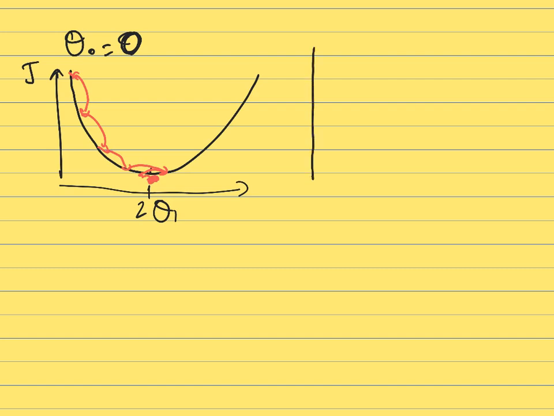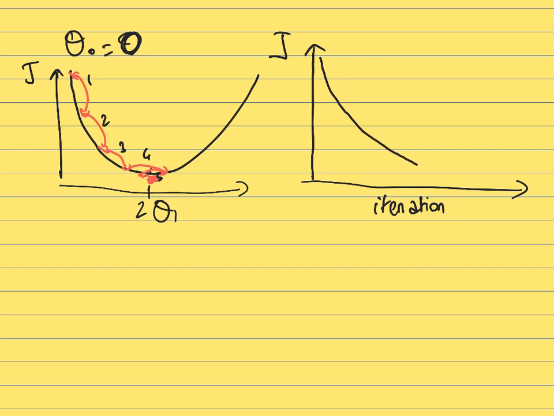Another way to look at this is to look at the value of the cost function as a function of the iteration that you are making in your gradient descent, where this is iteration number 1, iteration number 2, 3, 4, 5, etc. The more iterations you do, the smaller the cost function becomes, but you can never reach exactly 0, or the true minimum of j, even if it's not 0.